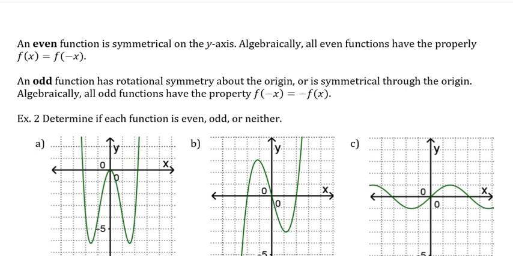Even and odd functions. There's a bigger thing to even and odd functions than how it comes up in trig. So we're going to try to talk about that a little bit. But when we apply it to trig, it's sort of a more simple version. When we get into polynomial functions, it's going to be bigger in some ways. Okay?